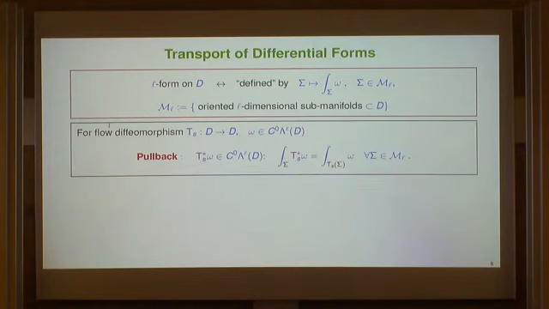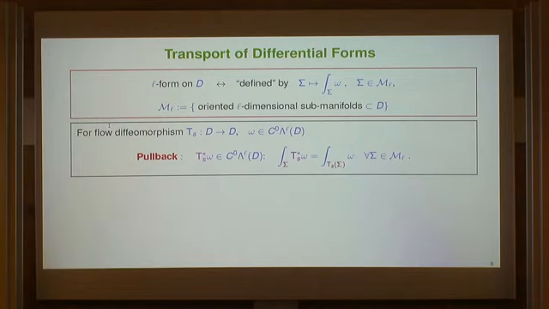And this is called the pullback. This is the formal definition. We transport the, say, the test surface. And then we track the value of the form, and this defines the pullback over the original surface. So this is the definition of this transport of a differential form.